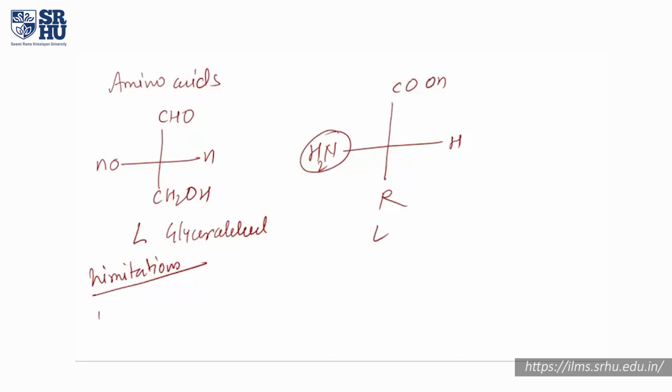So it is not good for compounds having two or more chiral carbon atoms. It would become a little difficult, and a better way is to give the actual configuration, which is given by RS configuration.